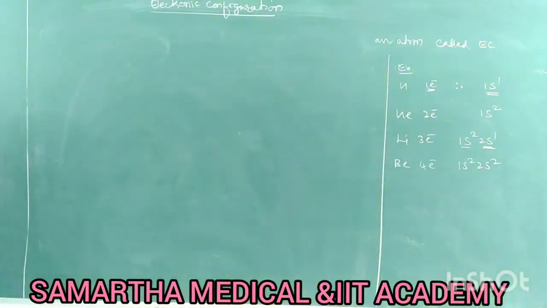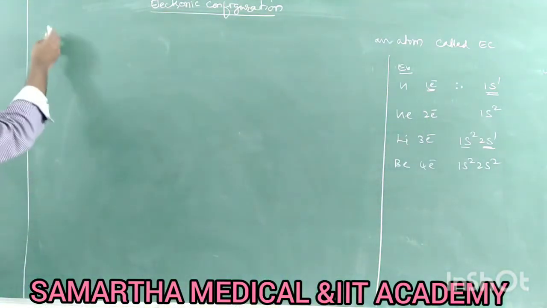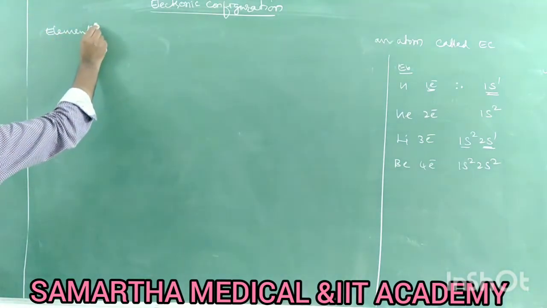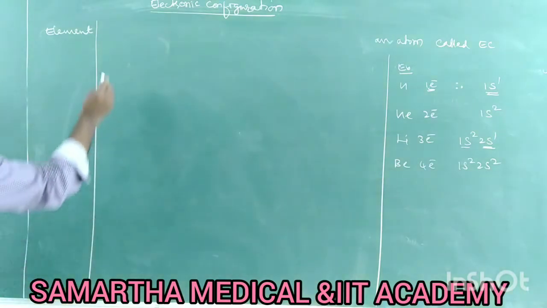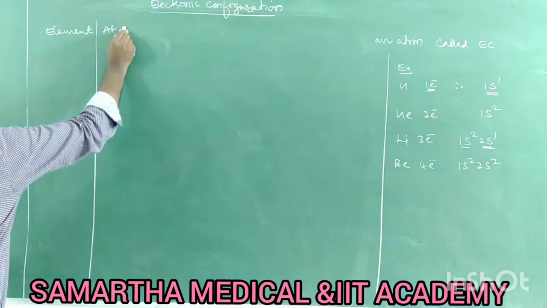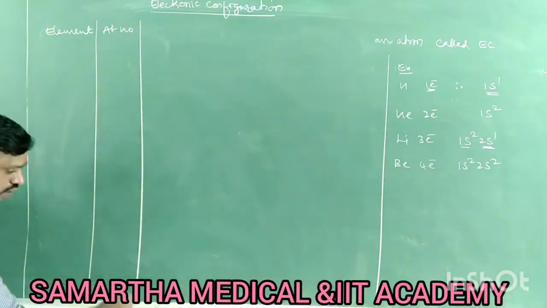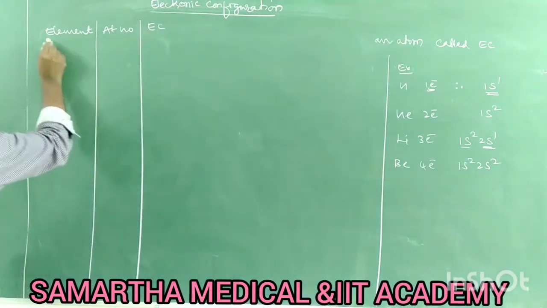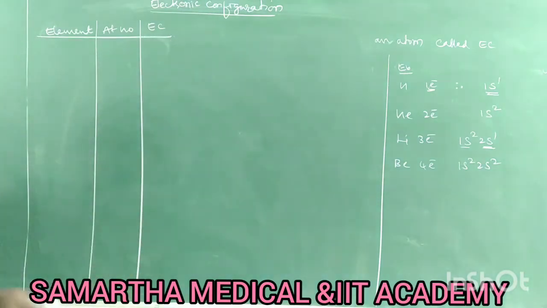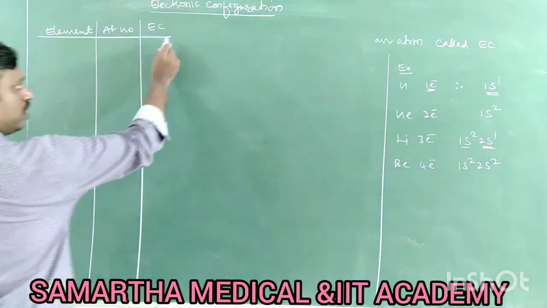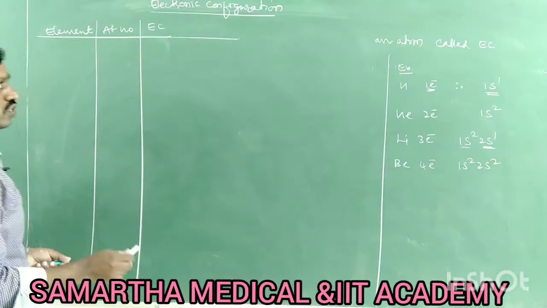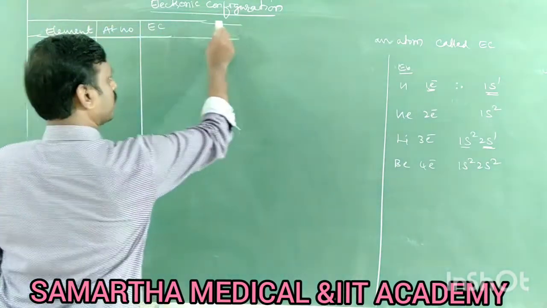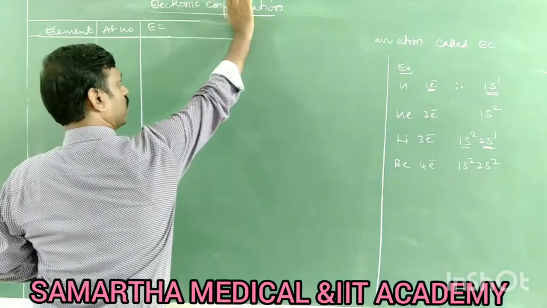Let us write in the first column the element. Take down, students, it is important: element, atomic number, electronic configuration. So element, atomic number, and their electronic configurations. Let us start with hydrogen.